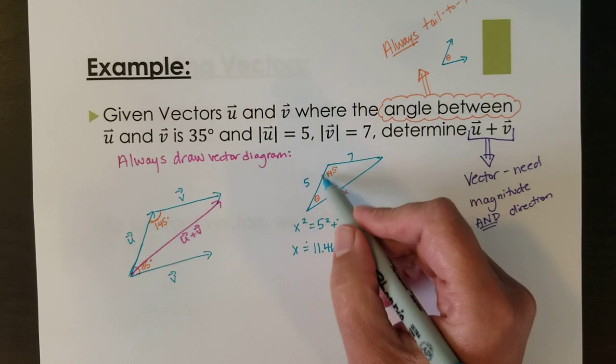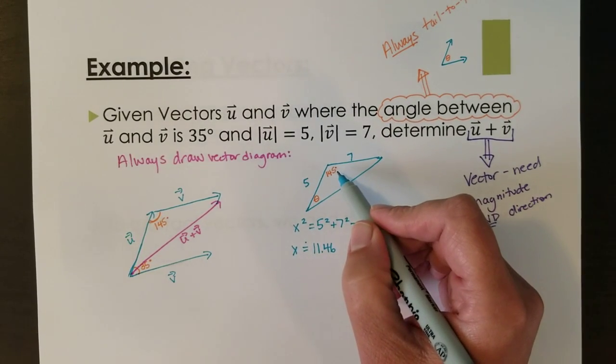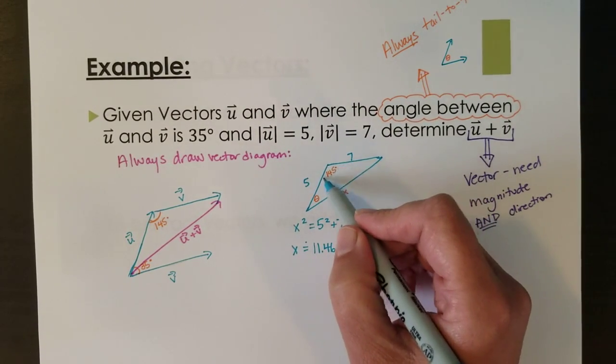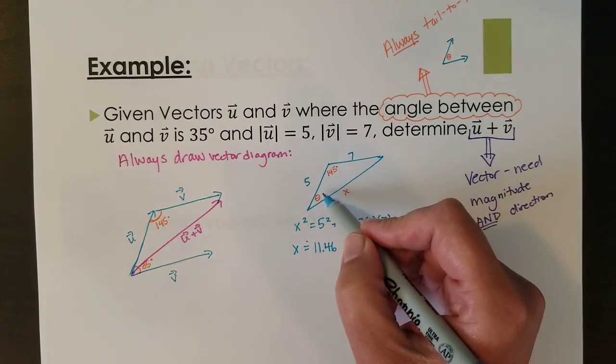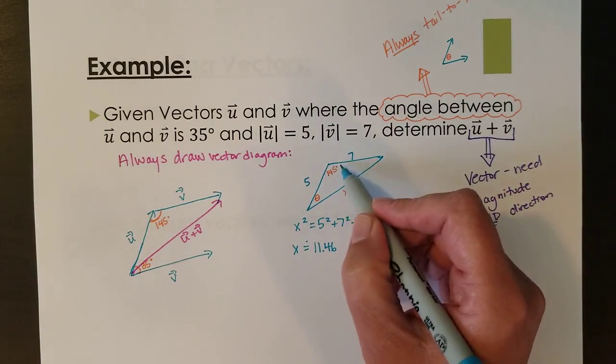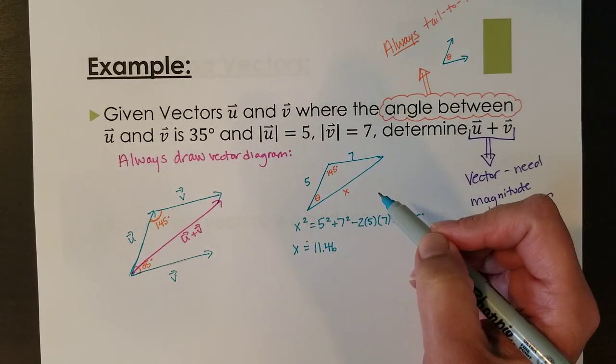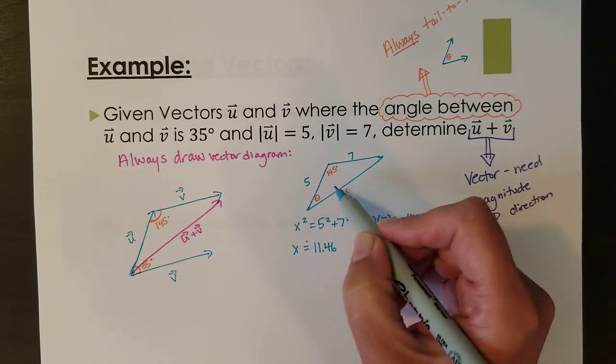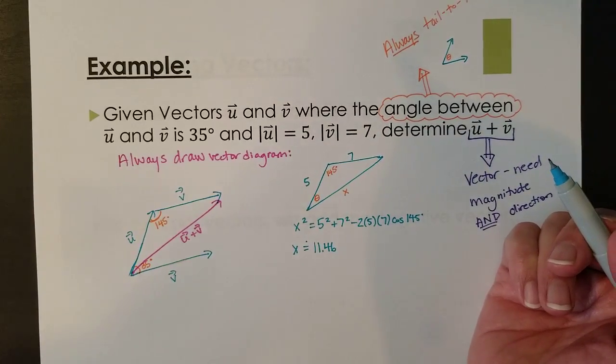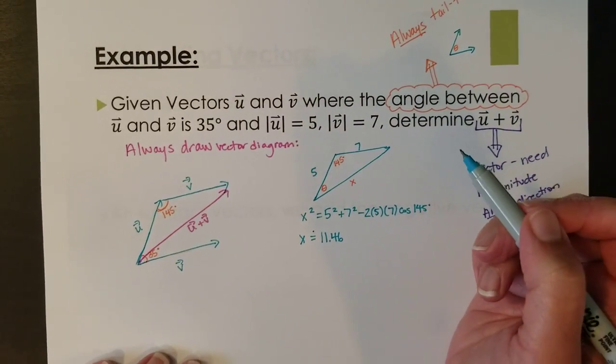So I know because I have this really big angle up top, I'm not going to have an ambiguous case. Like I for sure can't have an ambiguous case if one of my angles is already greater than 90 degrees.